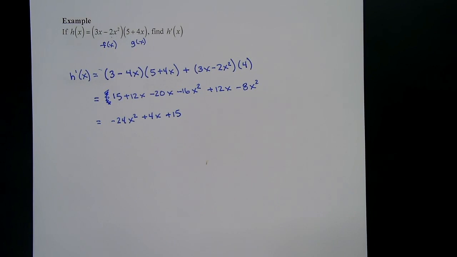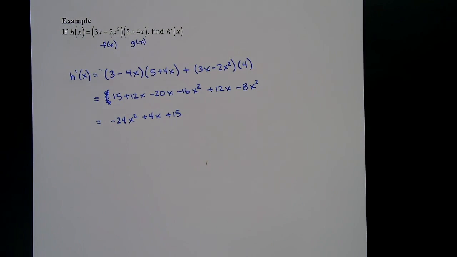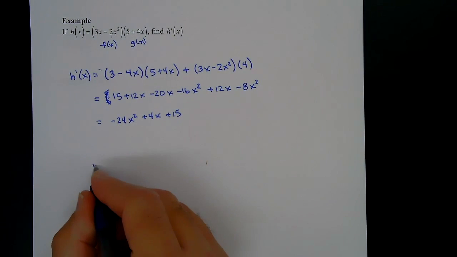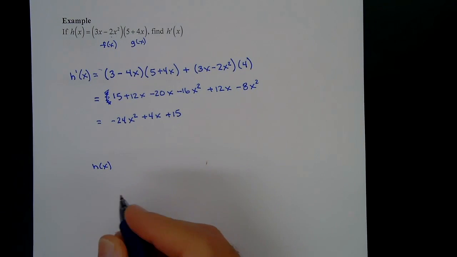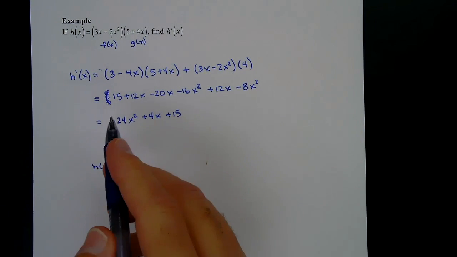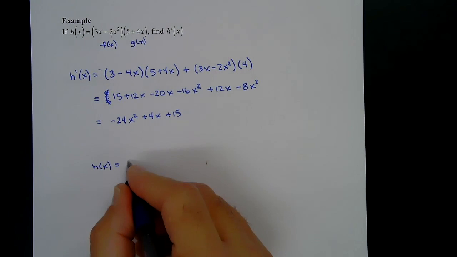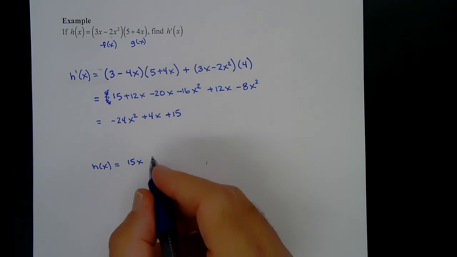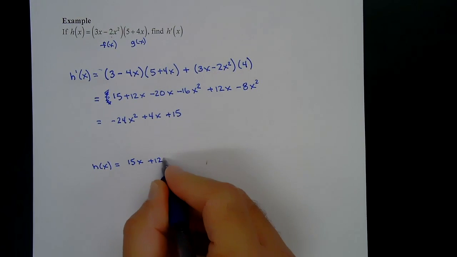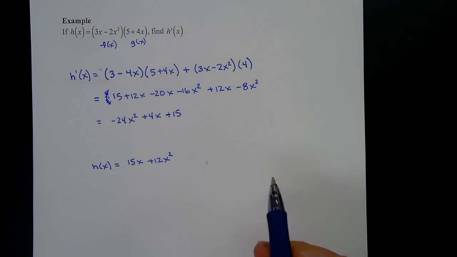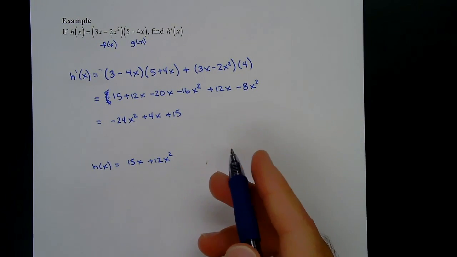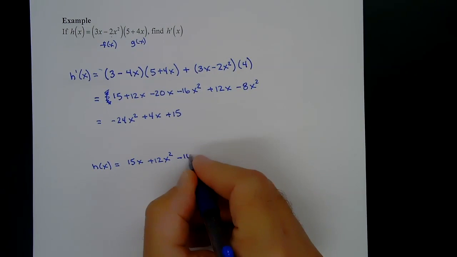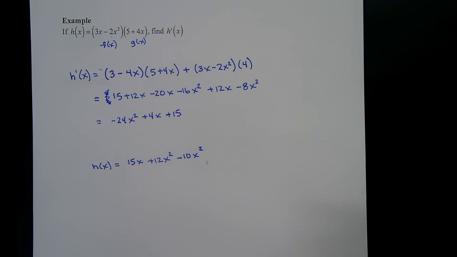Okay, so I want to show you, what if we had multiplied this out? If we had multiplied it out, h of x would have become 15x plus 12x squared, and then minus 10x squared, and then minus 8x cubed.